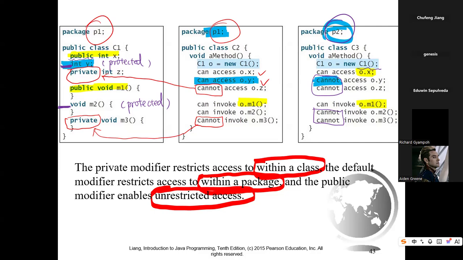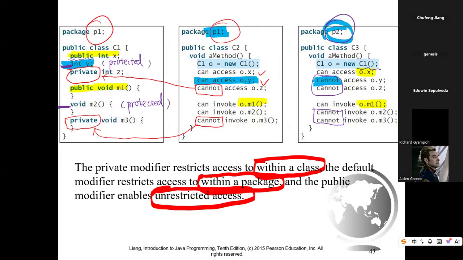Then let's talk about classes outside the P1 package. That refers to the C3 class. C3 is located in another package. Now we are going to create a C1 instance using the C3 class, and access the public variable x.